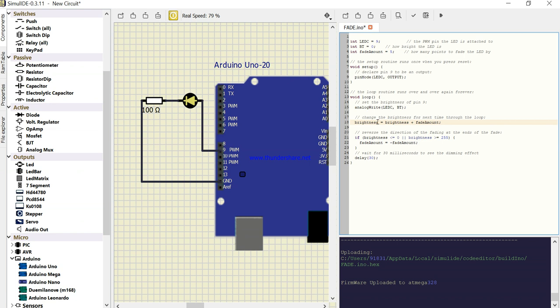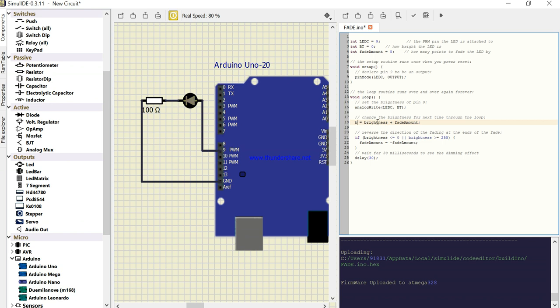Now I will increase the BT amount. How will I increase it? I am writing code for it: brightness is equal to brightness plus something, like x equals x plus 2. It will increase with the mathematical operation of adding the fade amount every time.